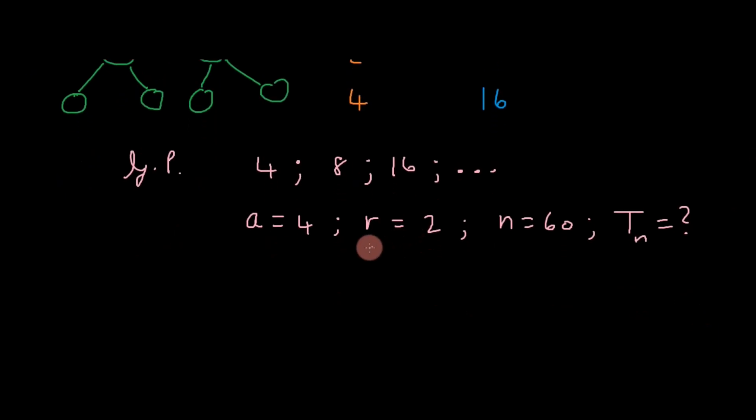So we want T sub 60, which is equal to A times R, which is 2, to the n minus 1. So 60 minus 1, which is 59.